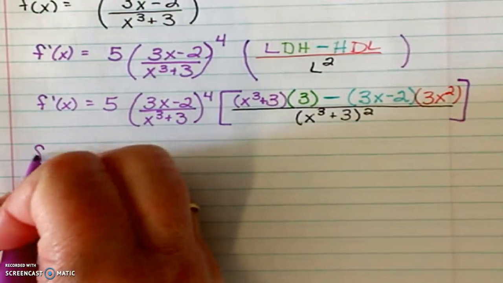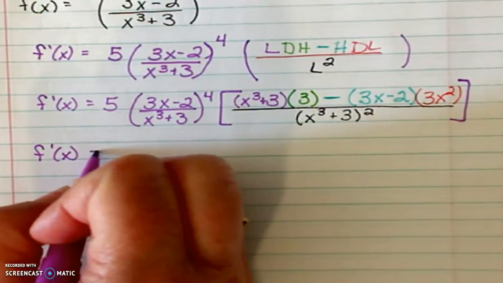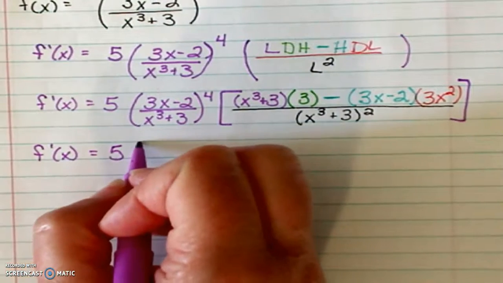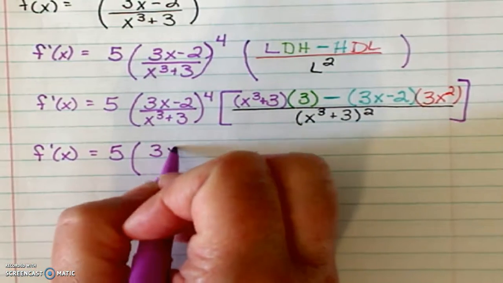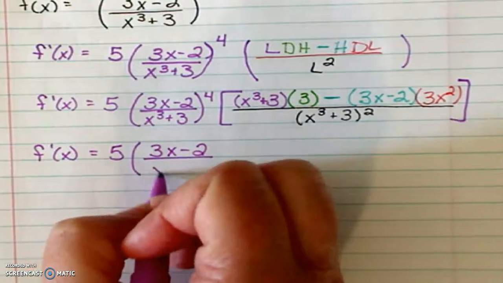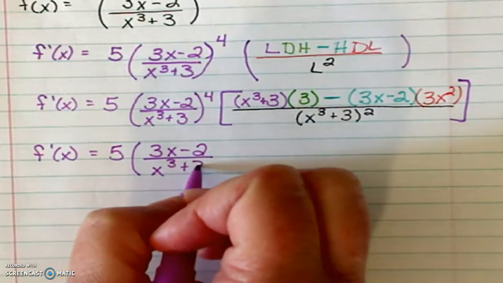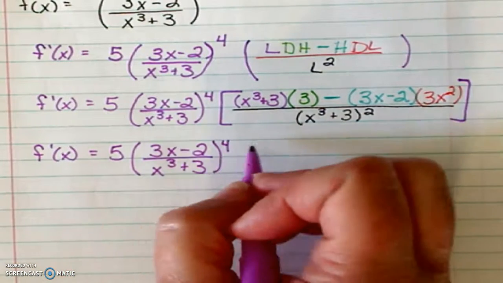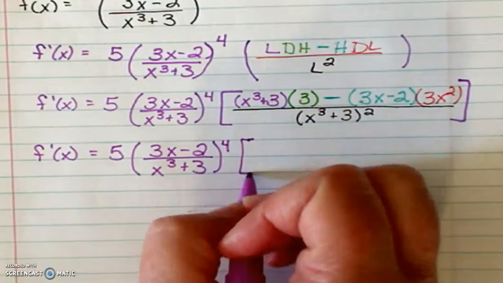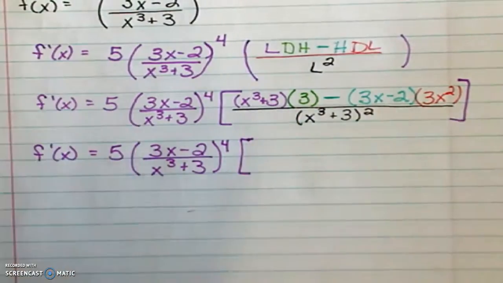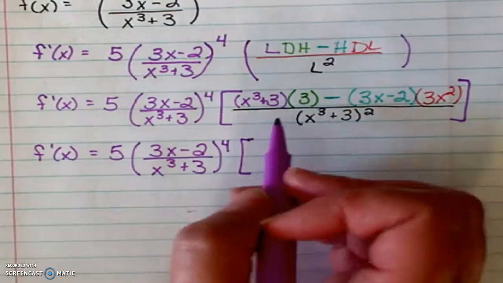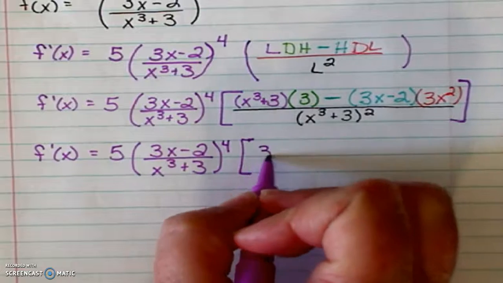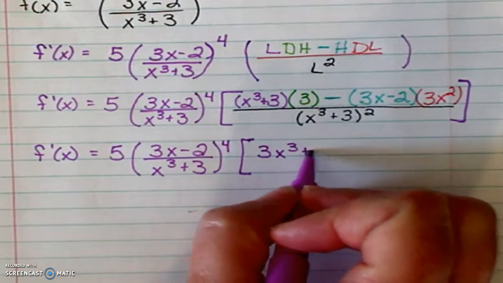So as we simplify that, we are just going to simplify what's in the brackets. I'm going to use the distributive property on that first value, which is going to make it 3x cubed plus 9.